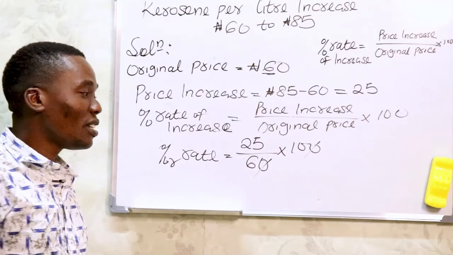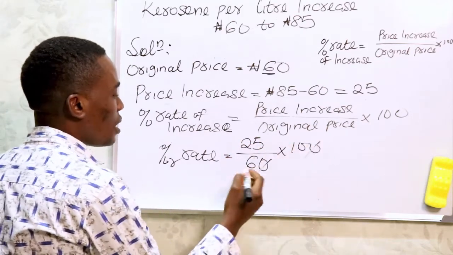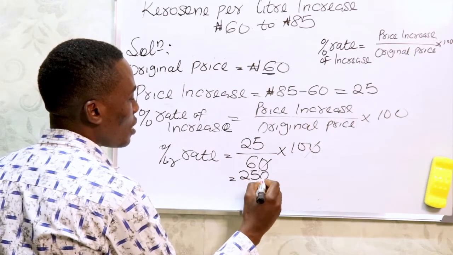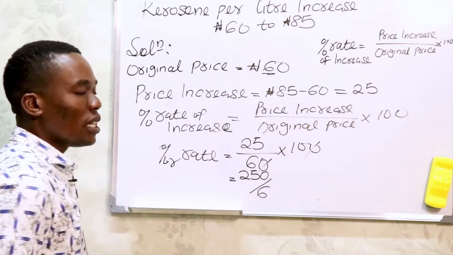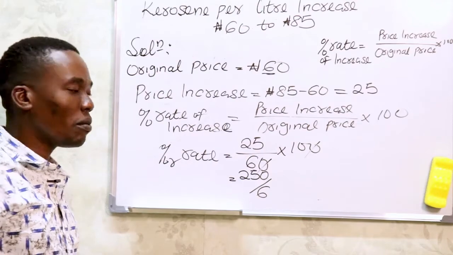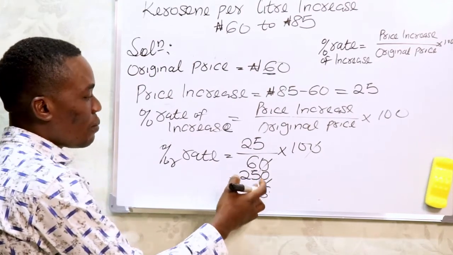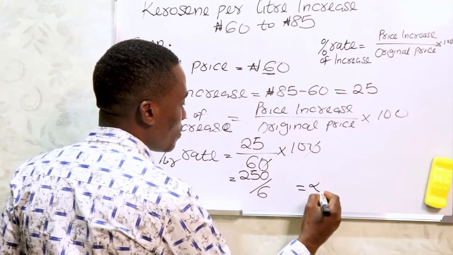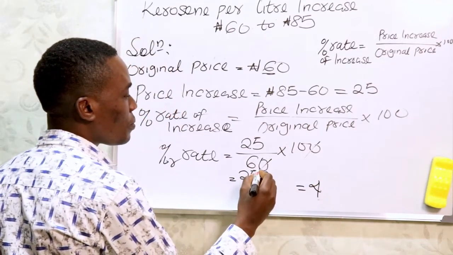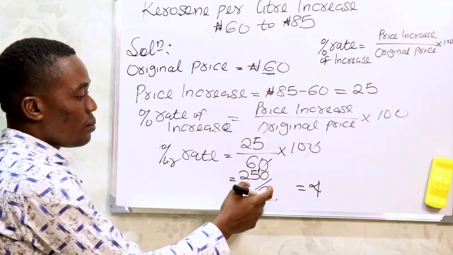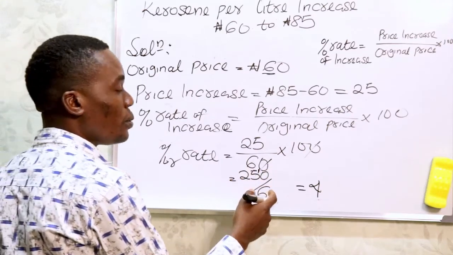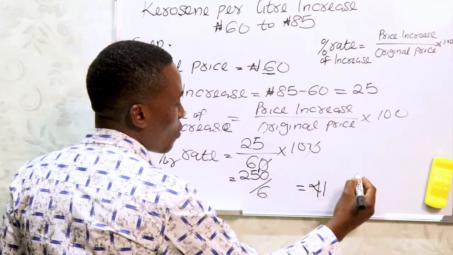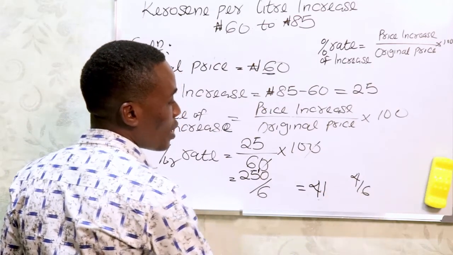It is as simple as this. Cutting this, what remains? You have 250 times 10. So this will give you 250 divided by 6. Now let's play with ordinary mathematics. 25 divided by 6 is going to give you 4, remainder 1. Now 10 divided by 6 is going to give you 1, remainder 4. Now that 4 will make this a fraction.